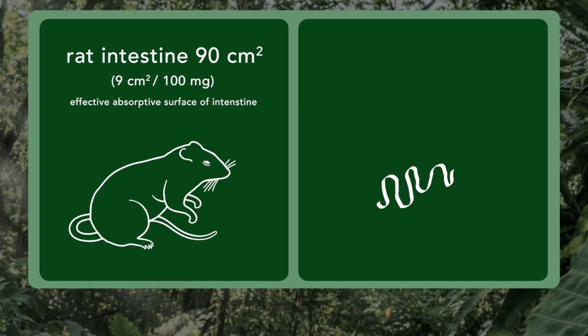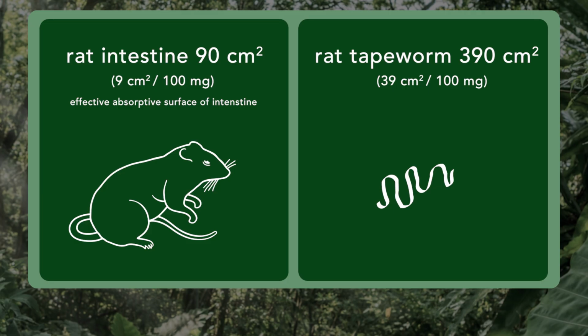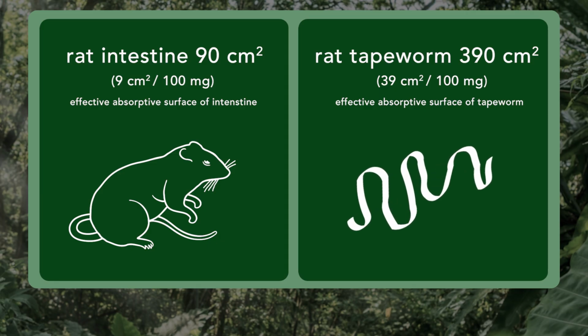The rat tapeworm's effective absorptive area is 390 square centimeters, or 39 square centimeters per 100 milligrams of tapeworm biomass. So, the rat tapeworm has a greater surface area overall and a greater surface area of intestine per milligram of body mass that intestine has to feed.